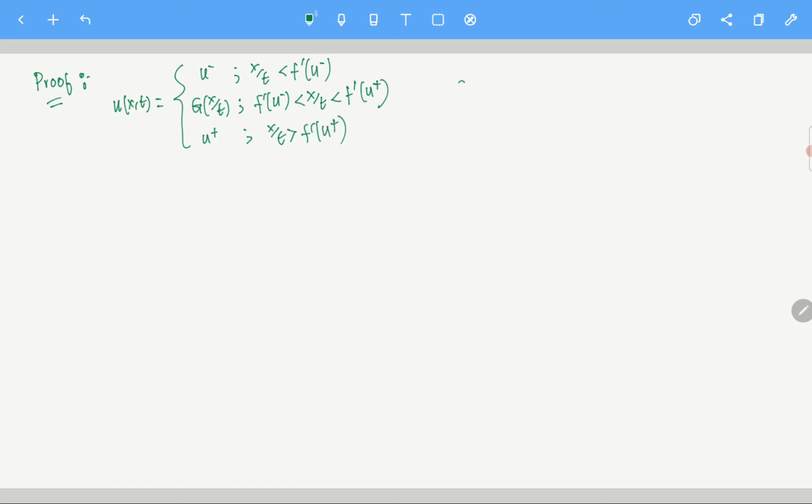G is, of course, if you remember, we wrote it as the inverse of f prime.